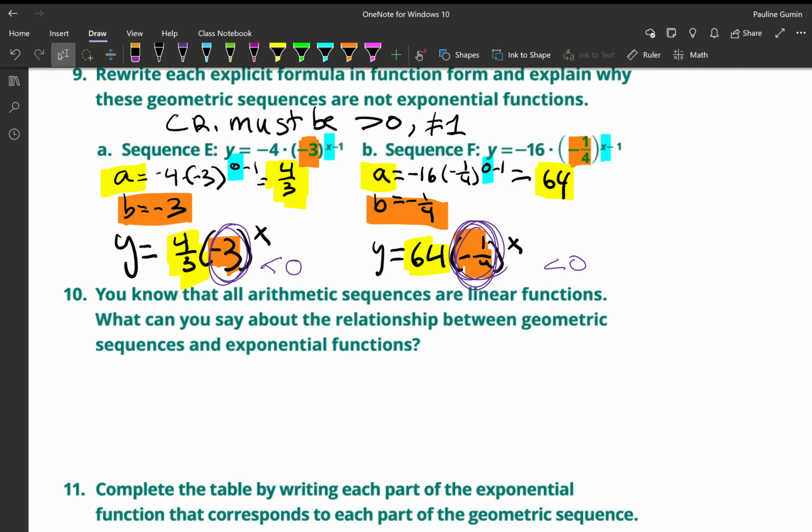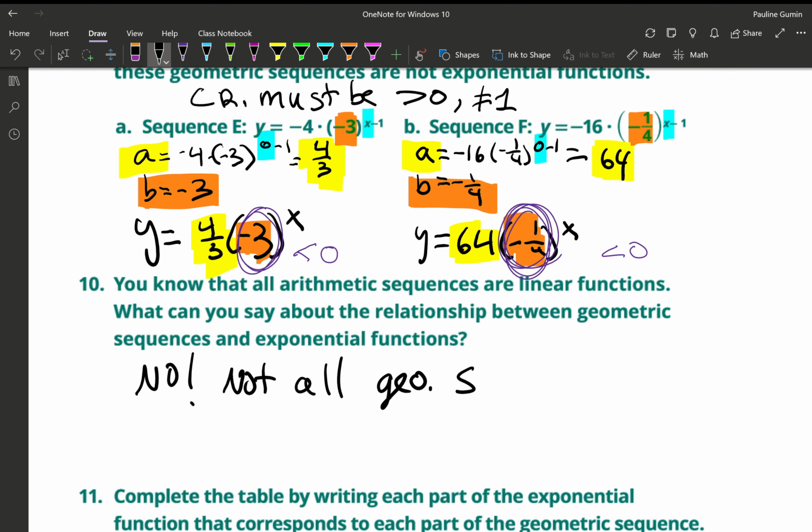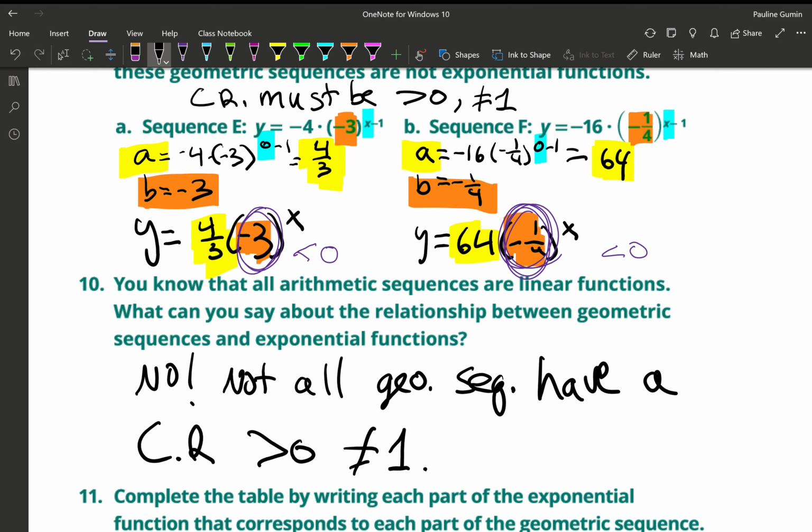So, if every arithmetic sequence turns into a linear function, can we say, based on the evidence we just got, that every geometric sequence becomes an exponential function? The answer is no. Not all geometric sequences have a CR greater than 0 and not equal to 1.